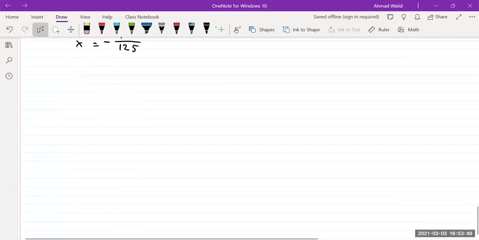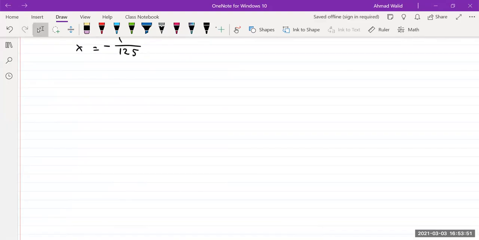Let me show you one more example, a little bit different one, not difficult. That's also quadratic in form. Then I will stop the lecture, and in the next video, I'll do the absolute value equations for you, correct? Let's do this example.